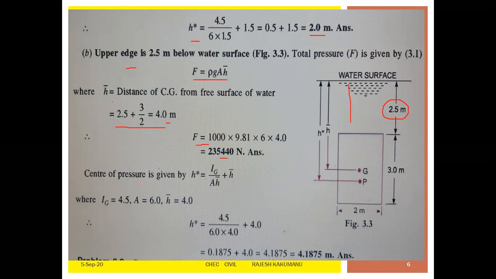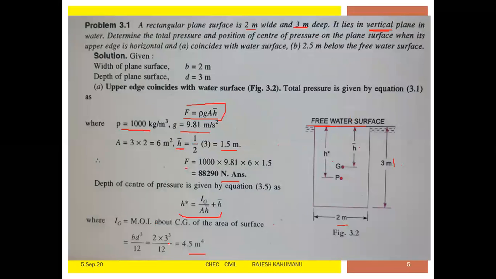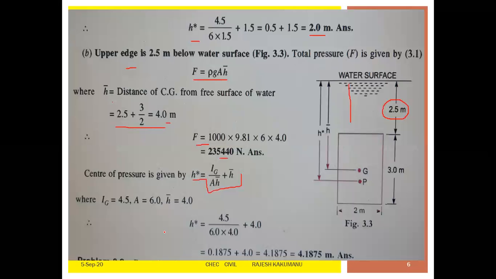Now the center of pressure is given by the same formula. Apply the same formula and substitute Ig. Initially Ig we got here is 4.5. A is equal to 6, h bar is equal to 4. Now substitute in this and you get the answer, 4.1875.